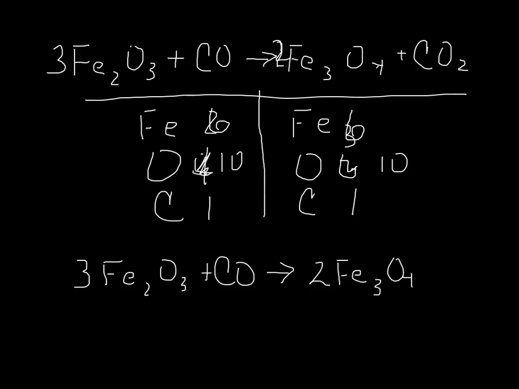I'm sorry, that's O2, I believe. Let me check that real quick. I'm sorry, that was a 4 there. So we have O4. I might want to erase that so it'll show up better. O4 plus CO2. And we have a balanced equation.